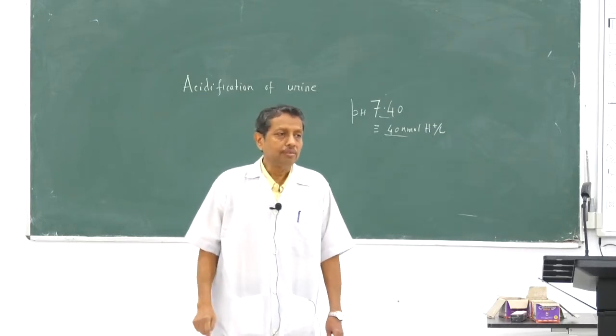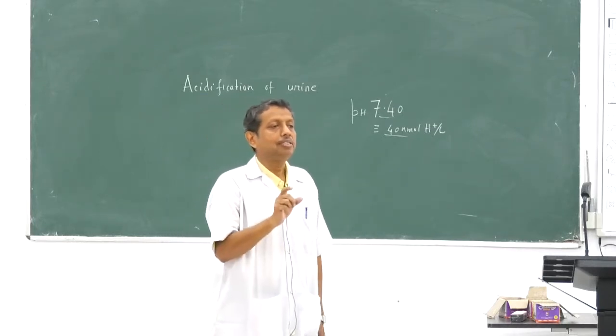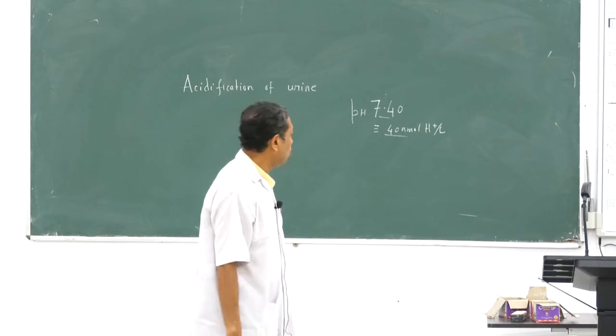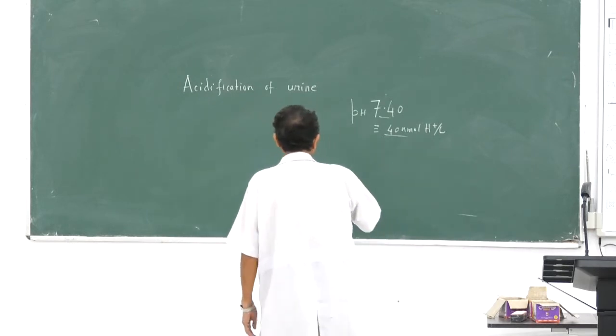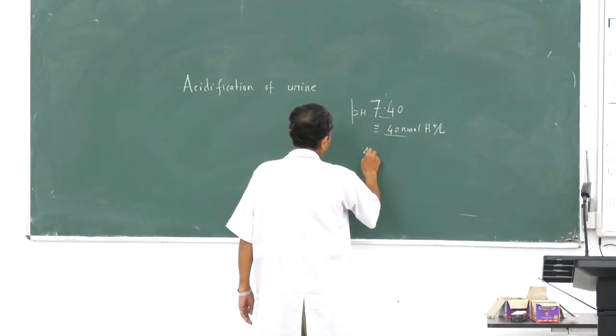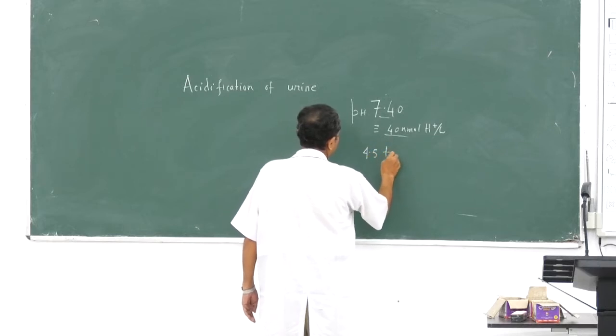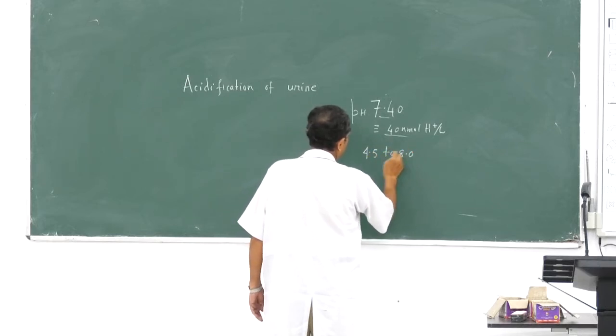And that of urine varies within the range of 4.5 to 8.0.